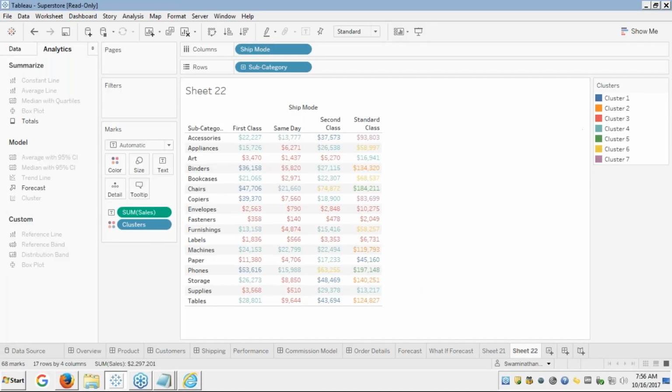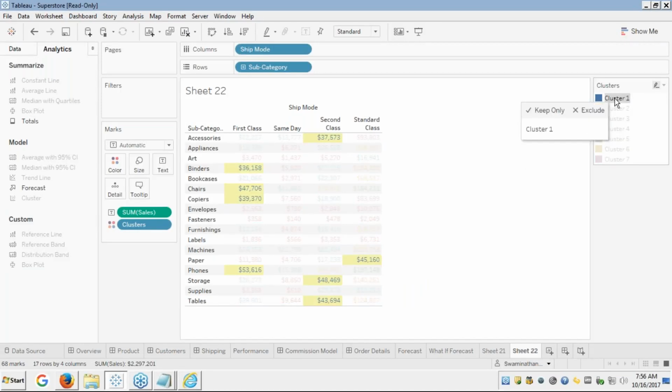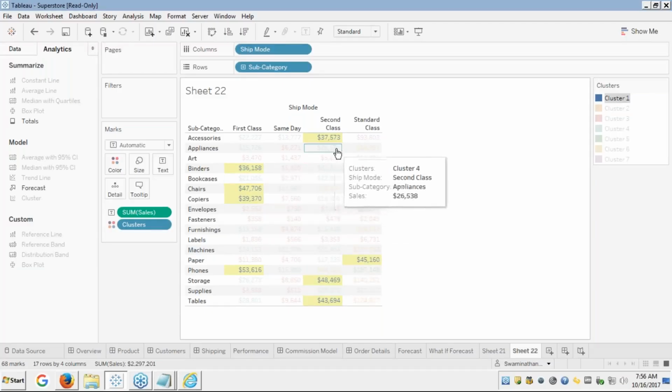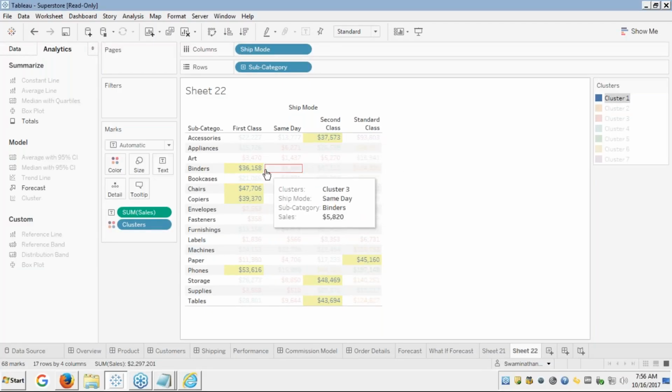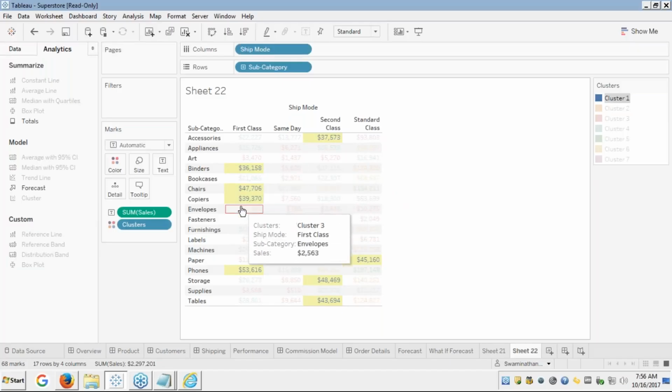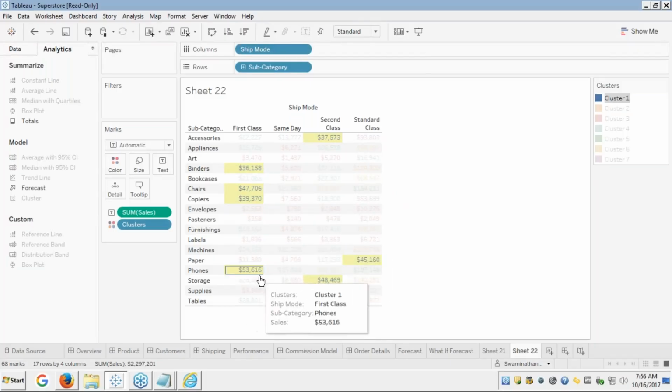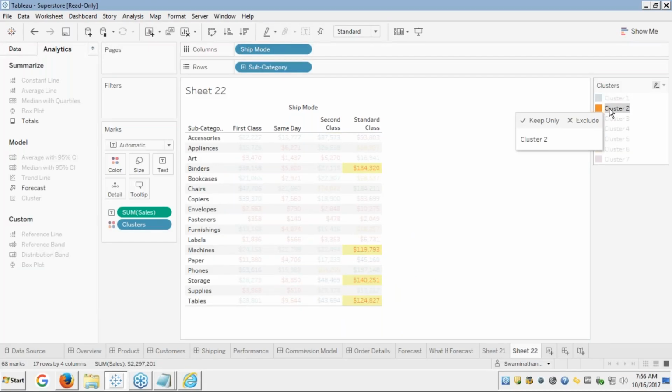Okay. So here if you see, friends, there is cluster 1. This is saying I'm able to see a similar nature of sales in these products. If I click on this cluster 1, it highlights those items: accessory segments, second class delivery, sales, and binders in first class, chairs, copiers, phone. I'm able to find a similar pattern in that sale and group those into a single group.